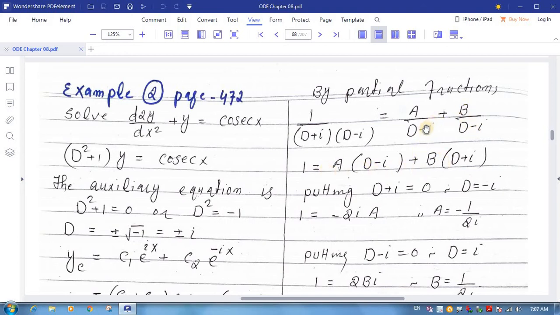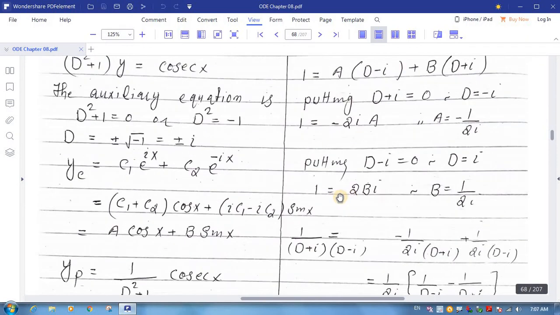Now equating this factor equal to 0 and finding D equal to minus iota, putting this value here we get 1 equal to minus 2 iota a, that is a is equal to minus 1 over 2 iota. Now equating the other factor equal to 0 and finding D equal to iota, and putting this value here, we find the value of b.